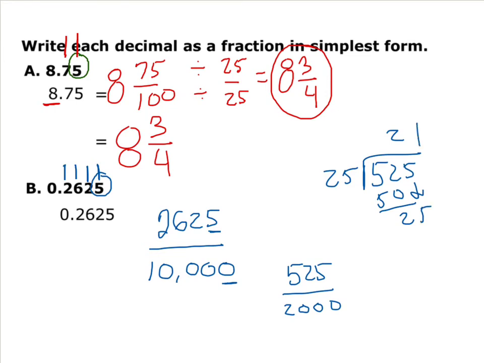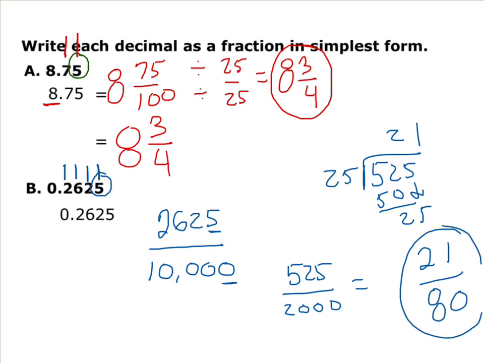I know that my top number there is going to be 21, and 25 goes into 2,000 80 times, so that would be 21 over 80. And I believe that is simplest form because nothing will go into 21 and 80 evenly.